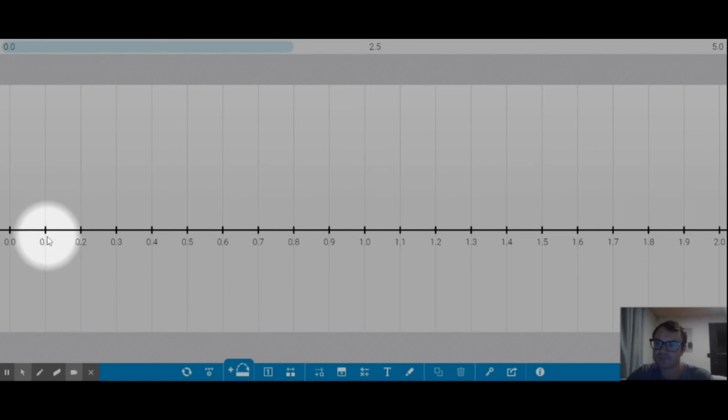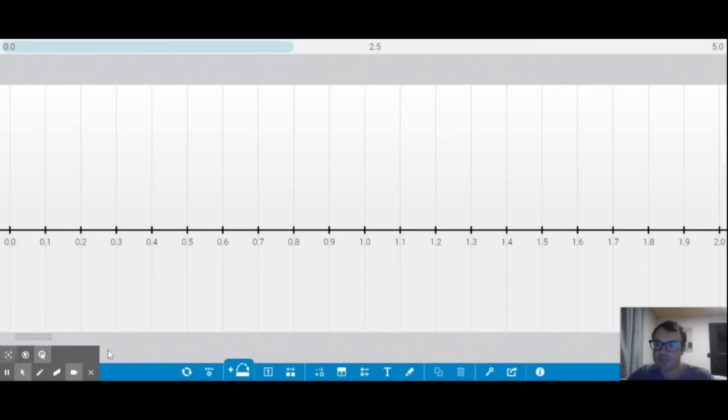So I want you to see that. 10 equal parts. If we go back to regular view, if we get rid of the values, or at least they're invisible right now, number 1 would be 1, 2, 3, 4, 5, 6, 7, 8, 9, 10. Number 1 would be right there.